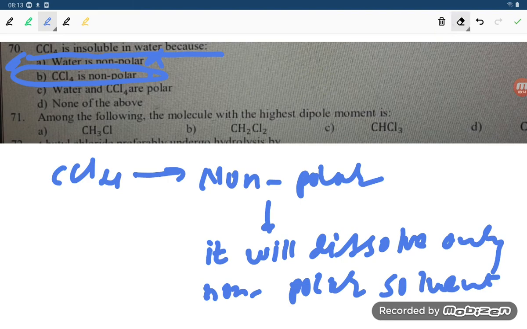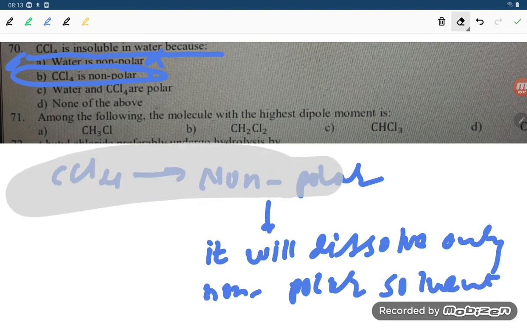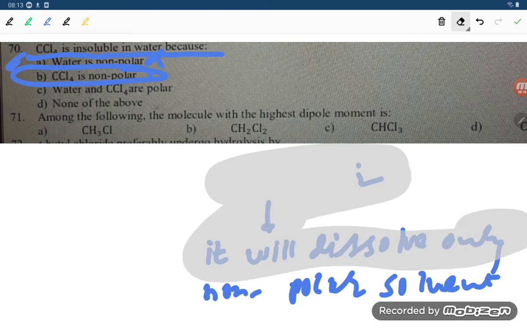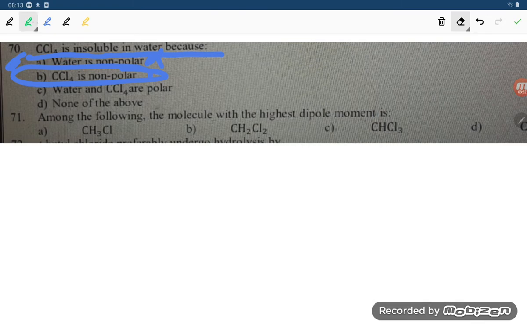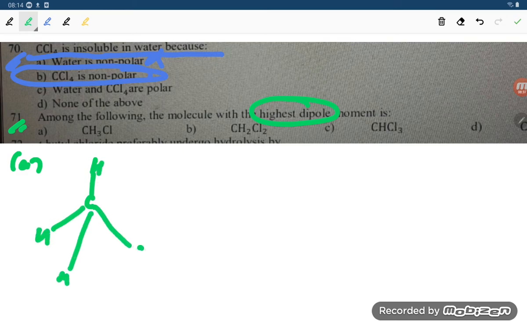Now let us move to question number 71. Among the following molecules, which has the highest dipole moment? In option A, here is hydrogen, this is hydrogen and this is chlorine.